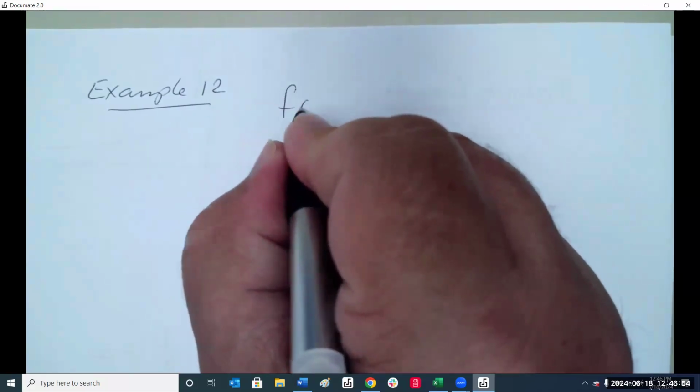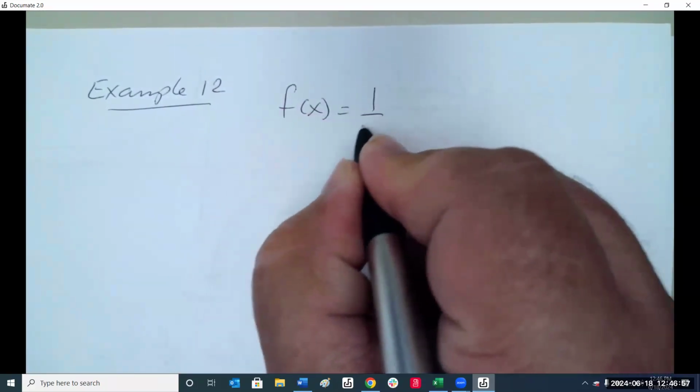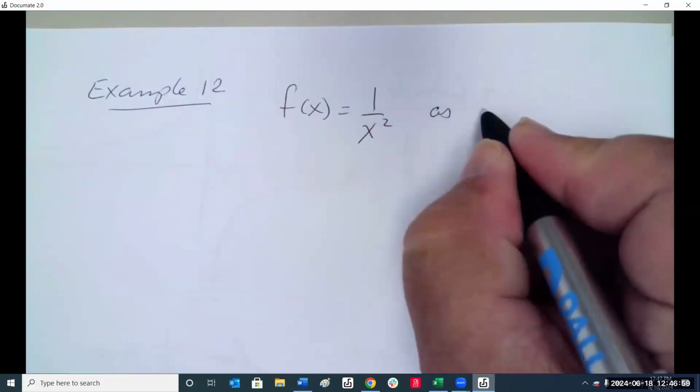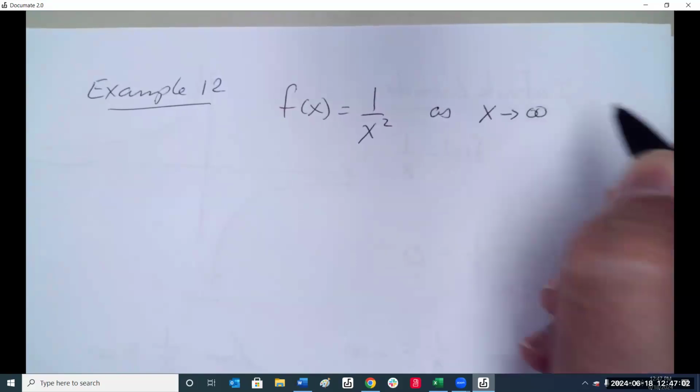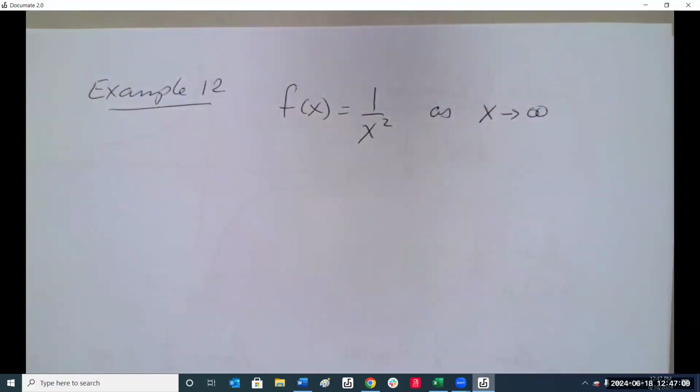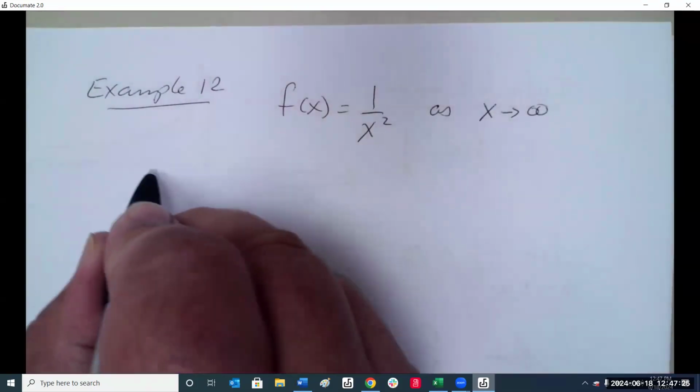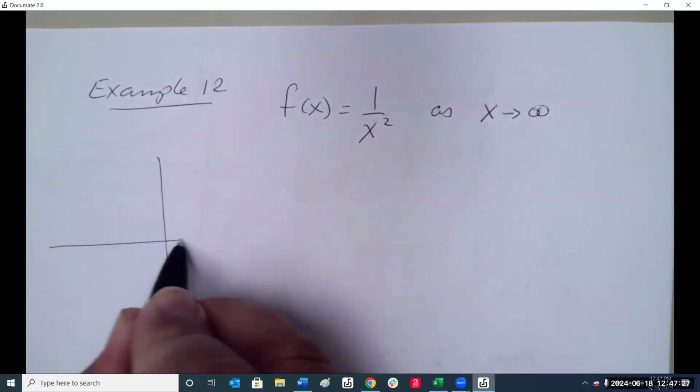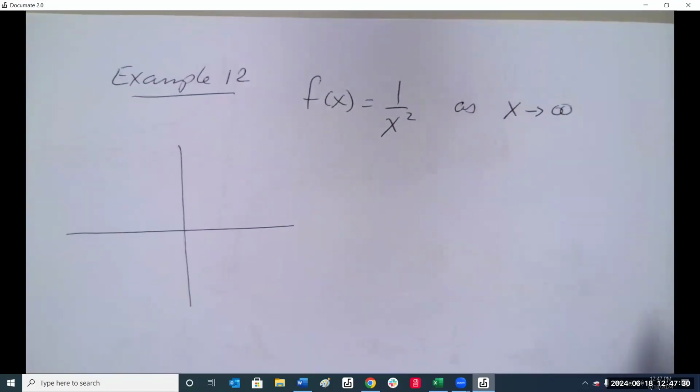Discuss the behavior of this function as x approaches 0. What does this graph look like? Nope.